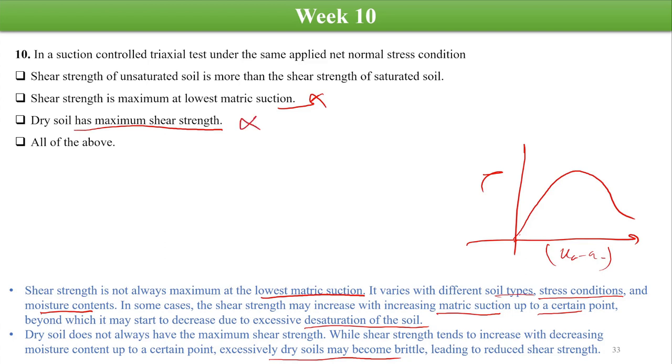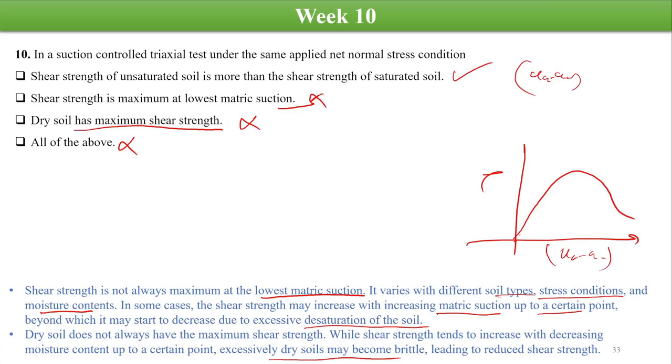So this option is also not correct, and you can say the first option is correct, that is, the shear strength of unsaturated soil is more than the shear strength of saturated soil. This is mostly due to the phenomenon that in unsaturated soil there is another type of force, which is the matric suction, ua minus uw, because of which the strength increases. So these are all the questions. If you have any doubts based on these questions, please do let me know.